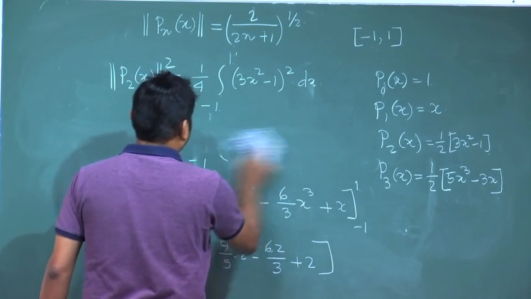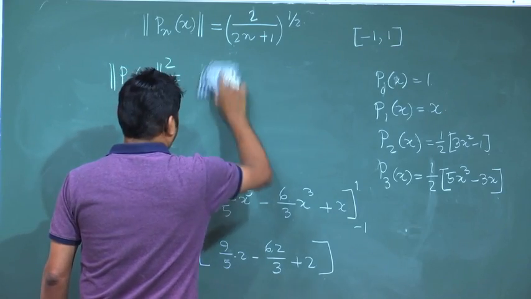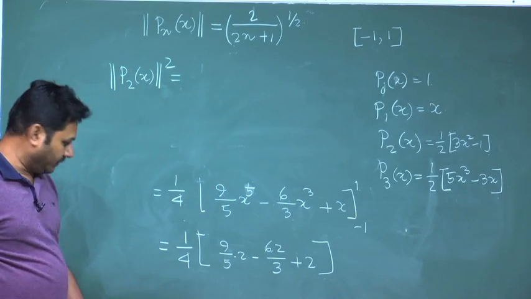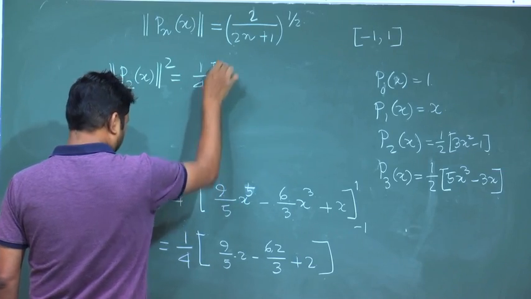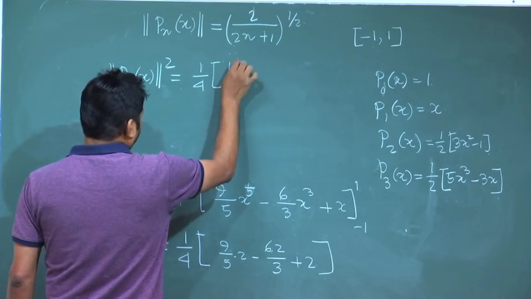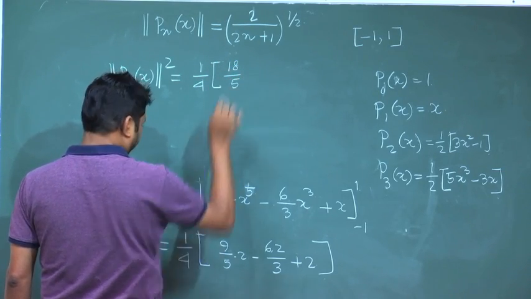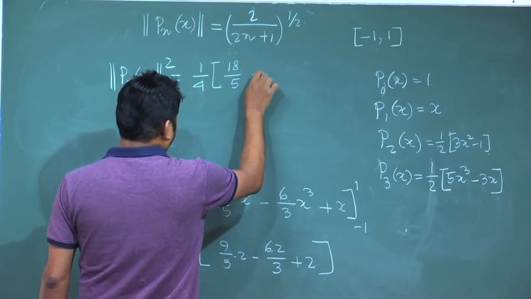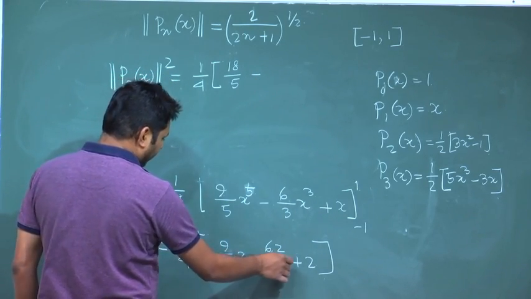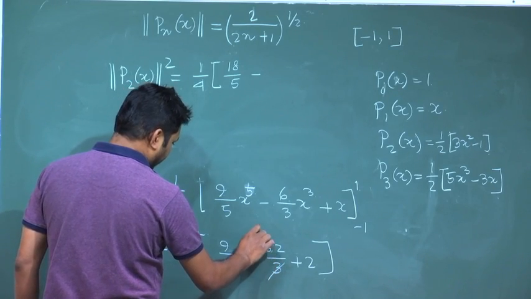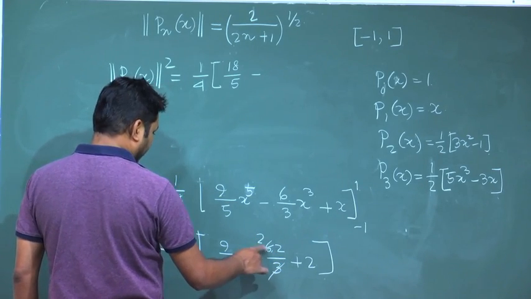Okay, so finally, this value comes out to be 1 by 4 times 18 by 5 minus, this 3 will cancel with the 6 with 2, so this is 4.